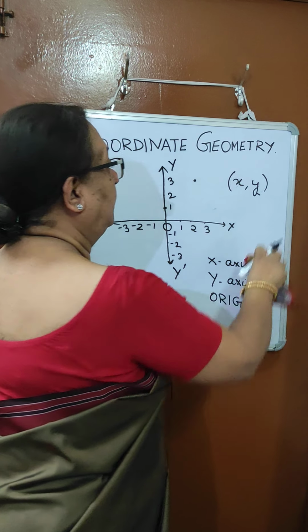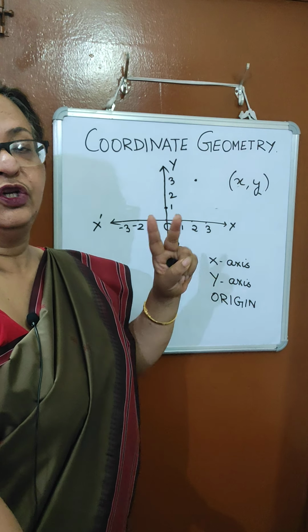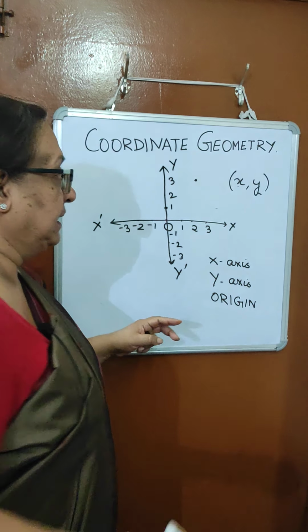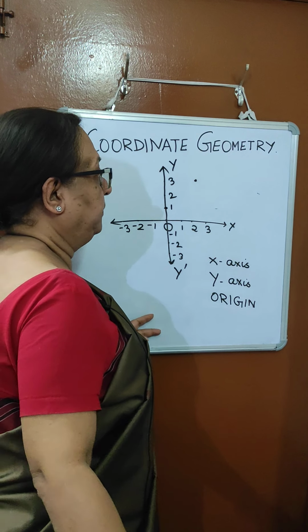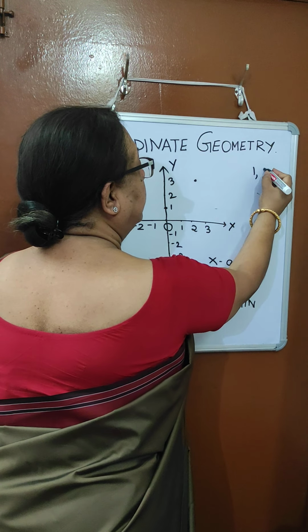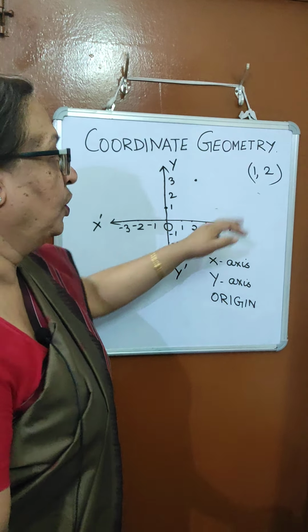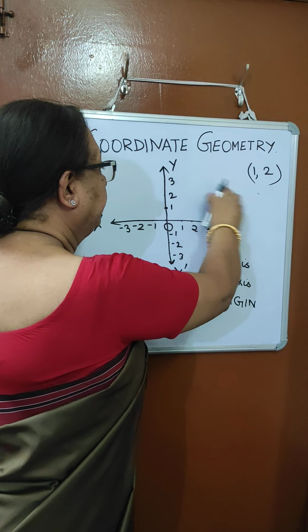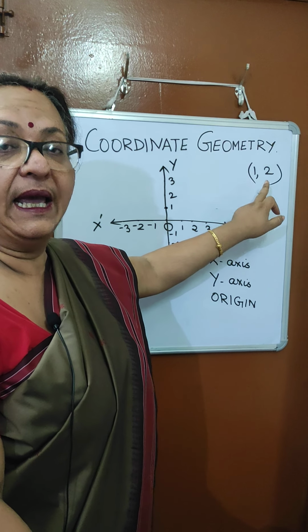now just see here. Now I said we need two numbers to define a point clearly. Now suppose I say a number 1, 2. Now where will this 1, 2 point be? Let's check out. I said the first is always on the x-axis.